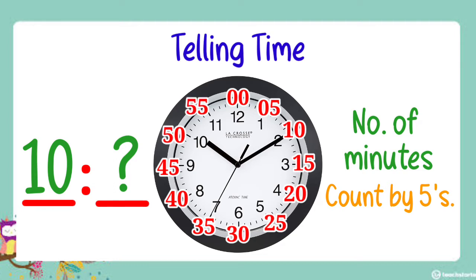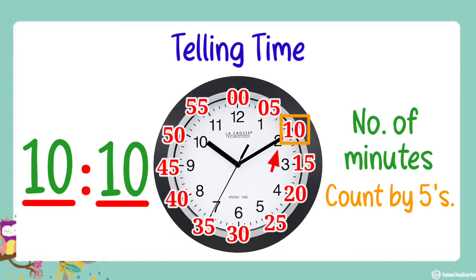Okay? So, for this clock, since the minute hand is directly pointing at 2, the number of minutes is 10. Therefore, the time on this analog clock is 10:10.